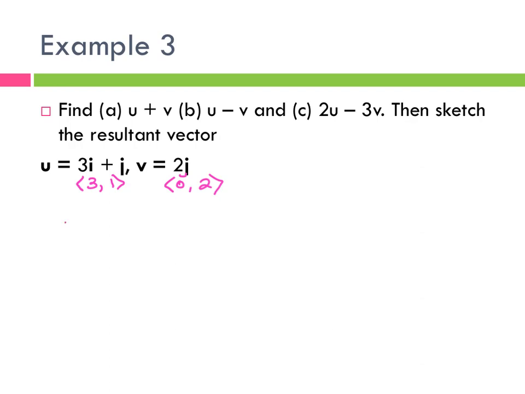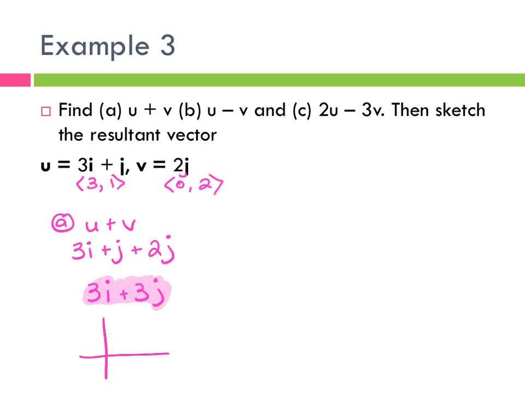So if I was doing A, u plus v, then I would take u, which is 3i plus j, and I would add it to v, which is 2j. And then simply combine your like terms, and you get your sum. Now, the sketch of this vector would go from 0, 0 to 3, 3.